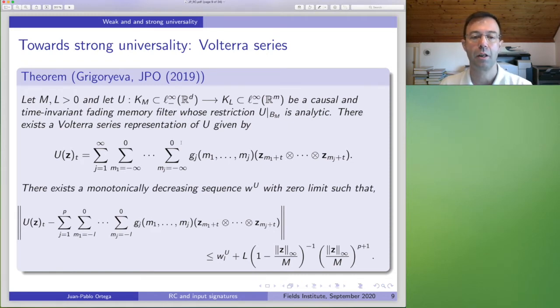The first one: in the dynamic fading memory setup with uniformly bounded inputs, these Volterra series were the first universal object that was spelled out in the literature. There is this beautiful Boyd and Chua paper in 1995 where they prove exactly what I just told you, that in the time invariant causal fading memory setup with uniformly bounded inputs, Volterra series are universal. It's a relatively easy consequence of a compactness result that they have together with the Stone-Weierstrass theorem. It's not that complicated.